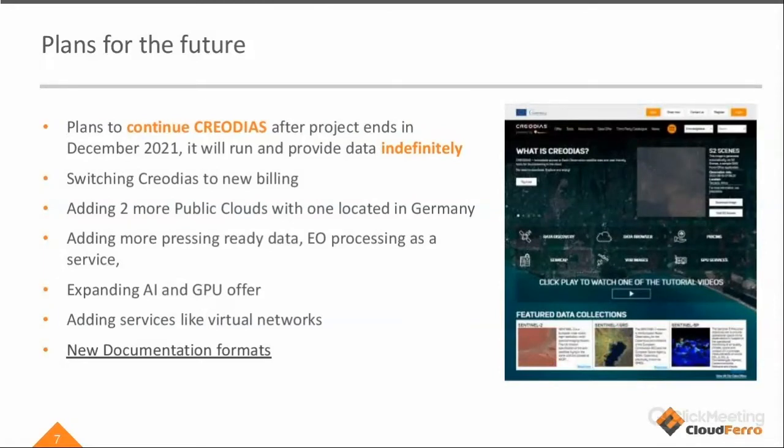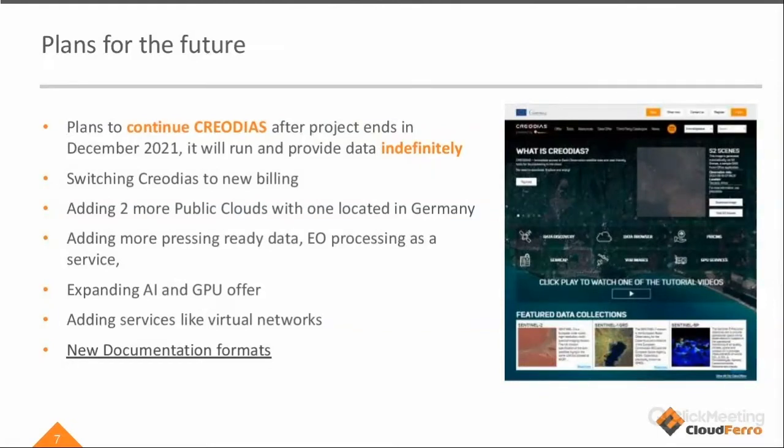You can do it in one go. We are expanding the AI and GPU offer. So again, we started the new GPU offer in the WAW3-1, and we'll be adding more.